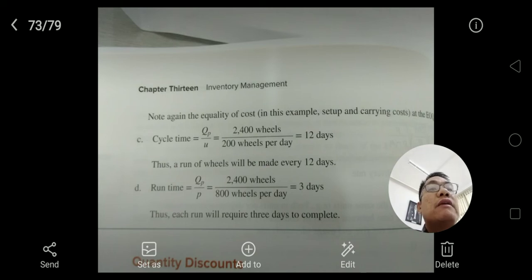Time, ang hinihingi, therefore, measure of time ang sagot dyan dapat, 12 days. Thus, a run of 12 wheels will be made every 12 days. Sa run time naman, ibig sabihin, each run will require 3 days to complete. Ganun katagal ang isang production run at the level of economic run quantity.